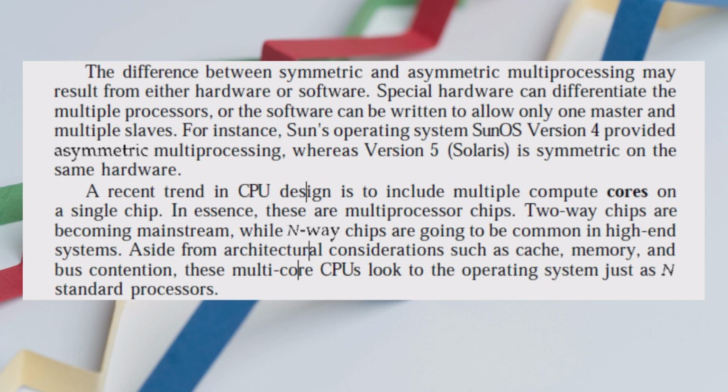A recent trend in CPU design is to include multiple compute cores on a single chip. In essence, these are multiprocessor chips. Two-way chips are becoming mainstream, while N-way chips are going to be common in high-end systems. Aside from architectural considerations such as cache memory and bus contention, this multi-core CPU looks to the operating system just like any standard processor.